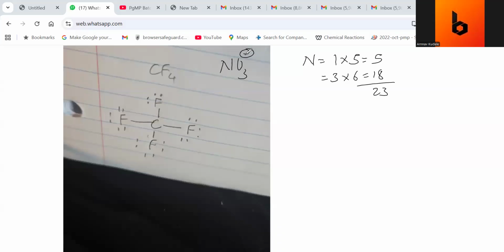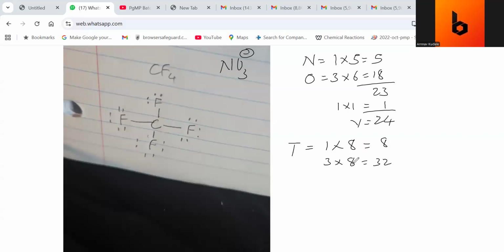But you have one negative charge, so you will add one electron. So the total is 24, so your number of V is 24. Now T is still 1 times 8 and 3 times 8, so you have 8 and 24, which is 32.